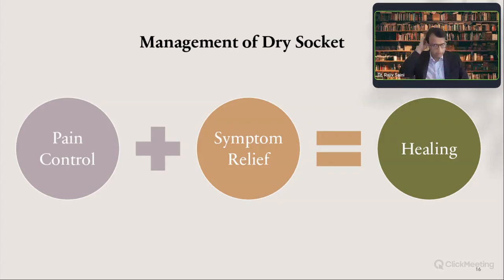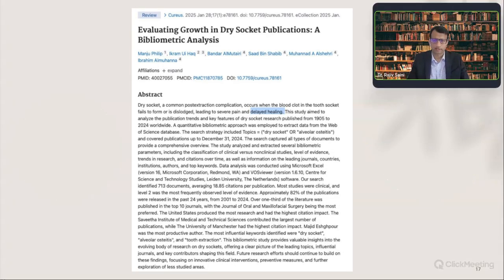So, irrigating the socket gently with saline to remove debris, avoiding curettage, which may delay healing. Placing a medicated dressing, we will discuss these. Most patients experience relief within 24 to 48 hours, with full healing occurring in 5 to 7 days if they take due care of their oral health.